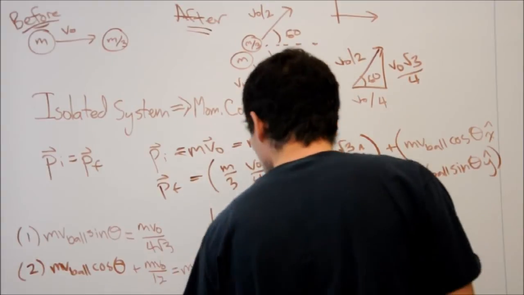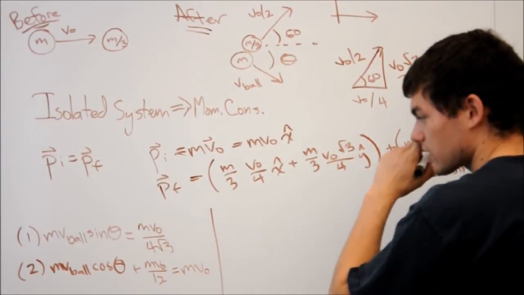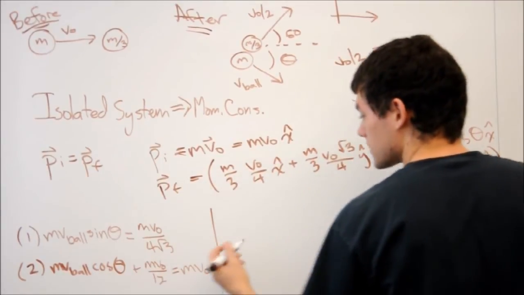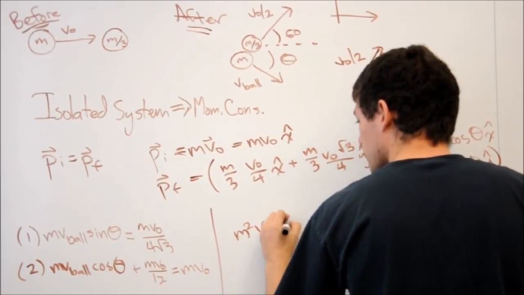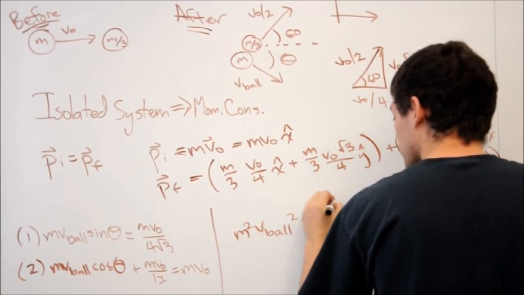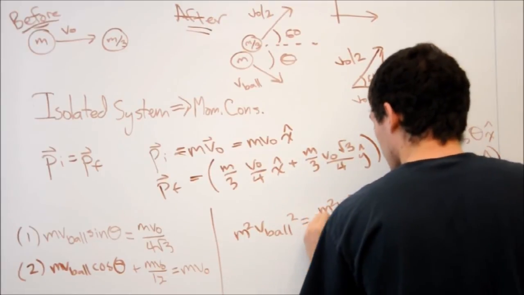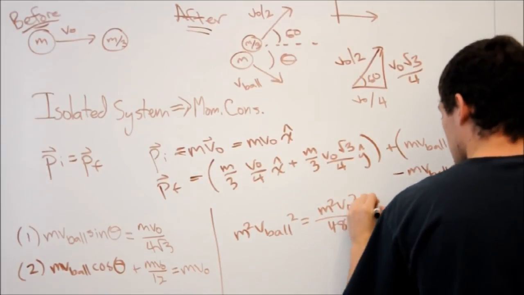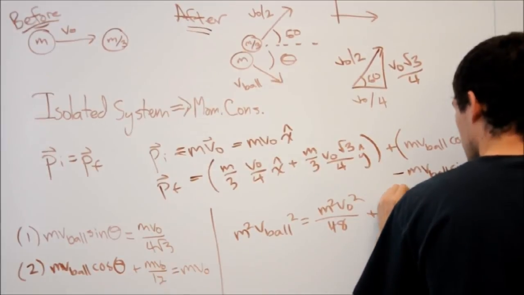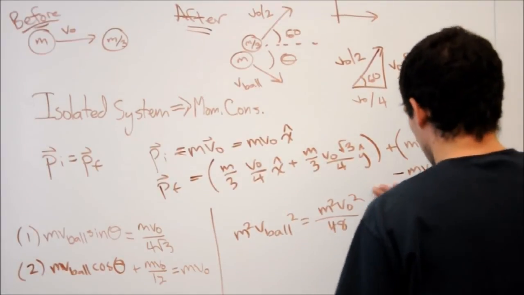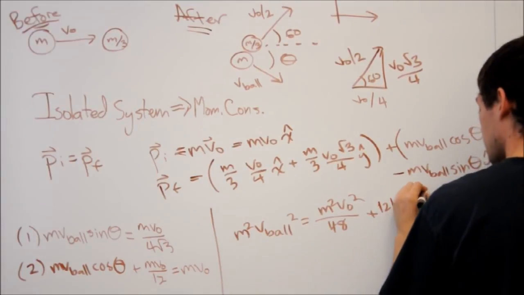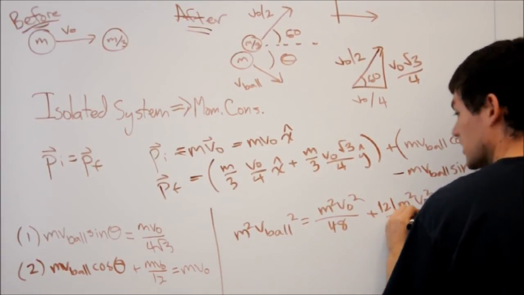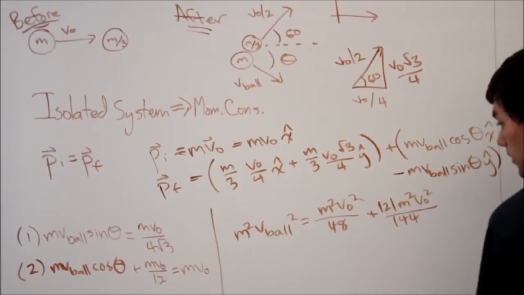And so what we're going to do is square each of these and add them together so that we can use our trig identities to cancel that out, and we get that m squared v ball squared equals m squared v0 squared over 48 plus 121 m squared v naught squared over 144, because we just square that 11 over 12 term.